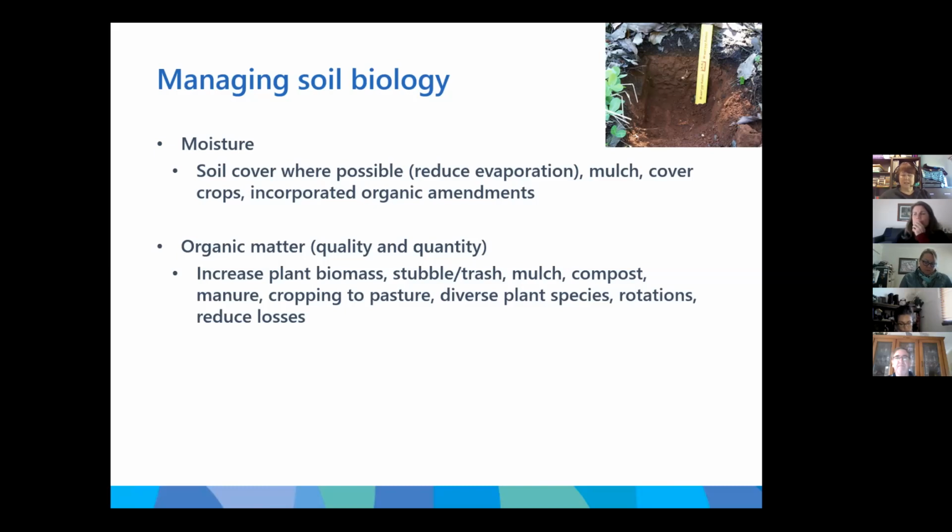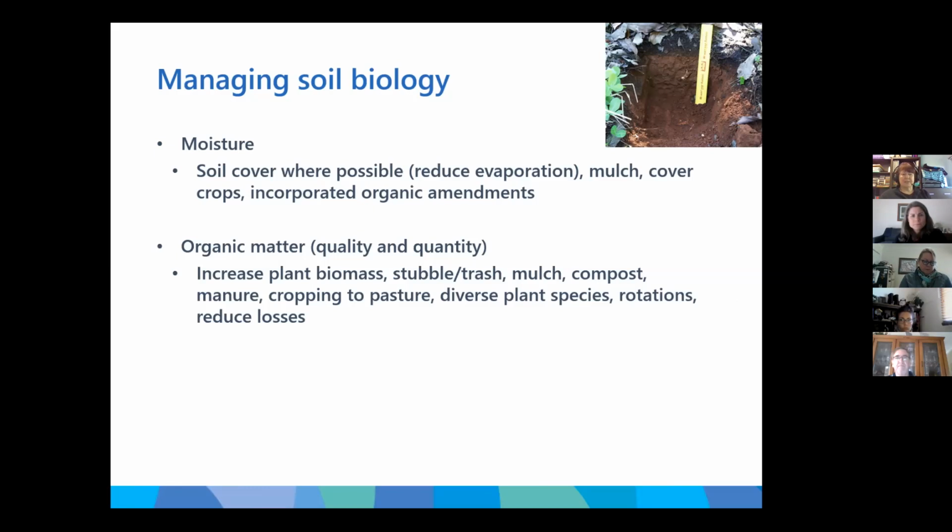And so what we could do is increase plant biomass. That means fertilising plants so that we have a large biomass, which then gets returned to the soil and increases organic matter. You have stubble or trash in some systems that will either decompose back into the soil, or mulch can be brought in from outside to add to the soil if it's been lost.